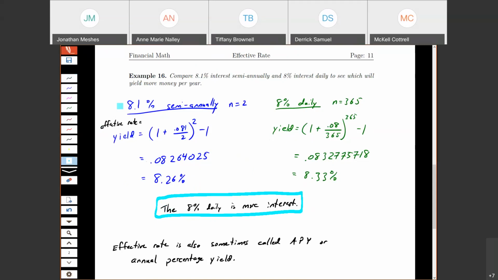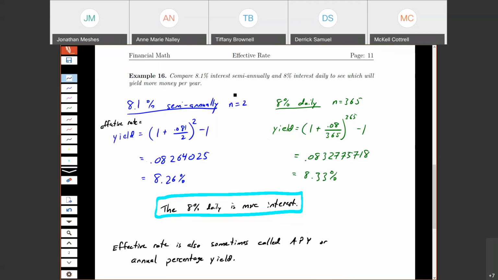Now again, in this class we learn how to compute things. In your everyday life, people do computations for you. When you go to a bank, you don't have to bust out your calculator to figure out this 8.33%. They'll write that right on there. What we want to do is understand what it is: why are there two numbers on the same thing?